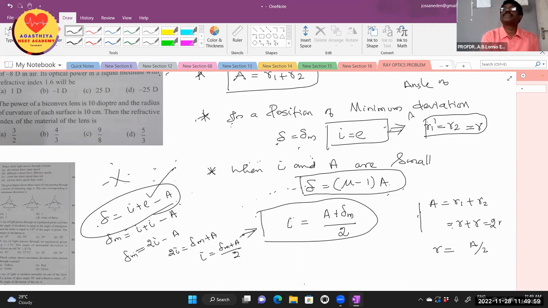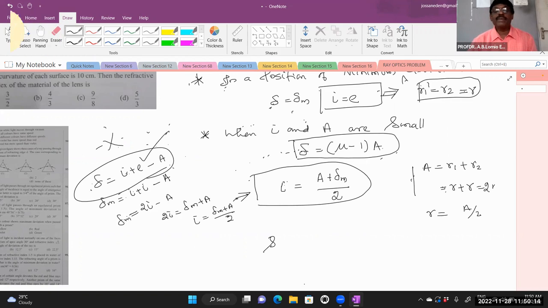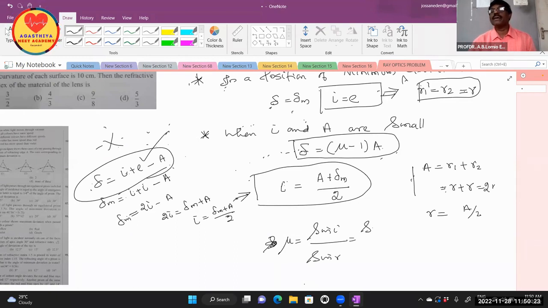Understand? For the minimum position, I is equal to A plus delta m divided by 2, and R is equal to A by 2. Using these two expressions, we can calculate the refractive index based on Snell's law: mu equals sin I divided by sin R. Substitute the value of I: sin of A plus delta m divided by 2, divided by sin A by 2. Understand?